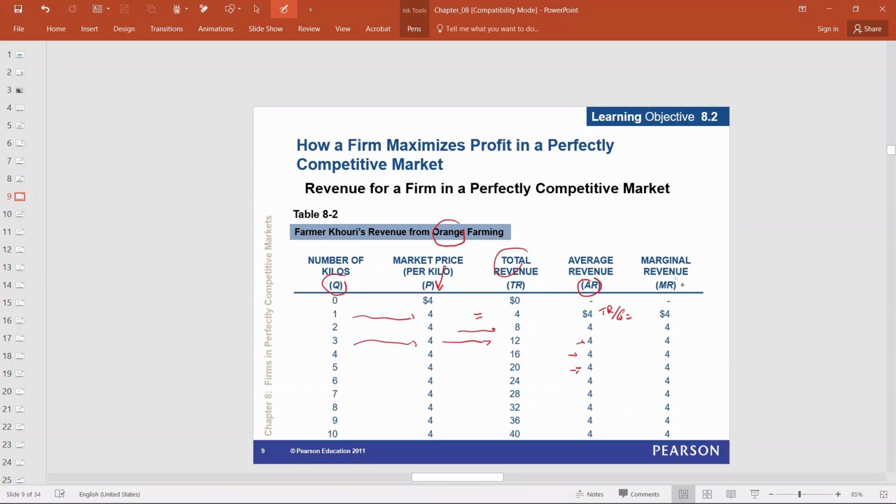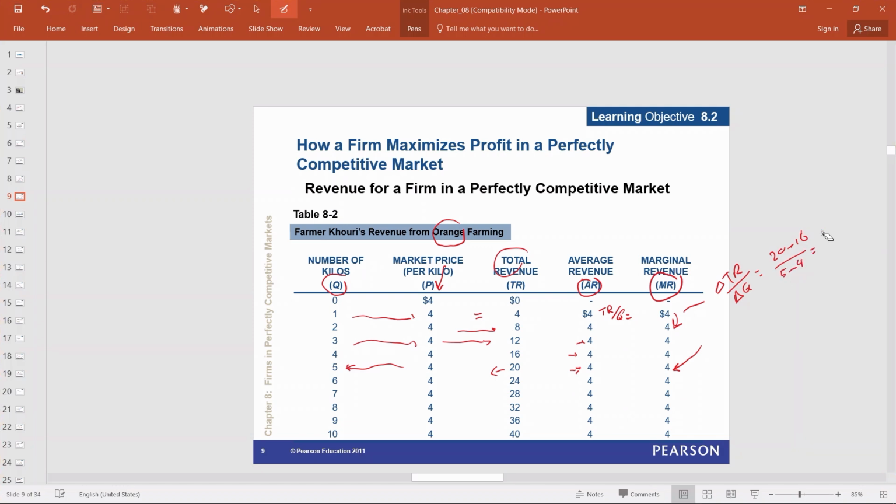And marginal revenue is the difference between one stage and the stage later. So it is change in total revenue divided by change in quantity. So if you take any stage, for example, this one, a new quantity and a new total revenue: 20, which is the new total revenue, minus 16, divided by 5 quantities minus 4 quantities.